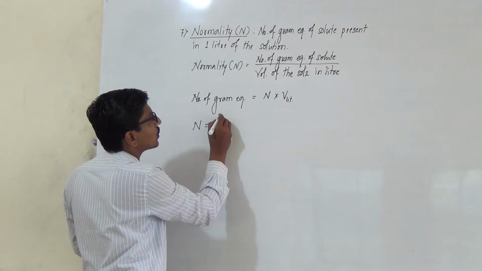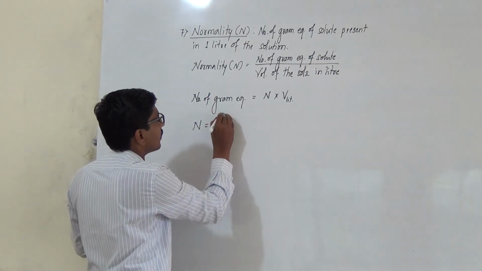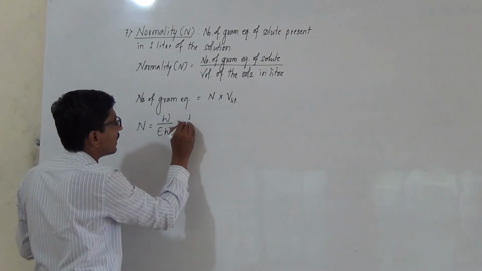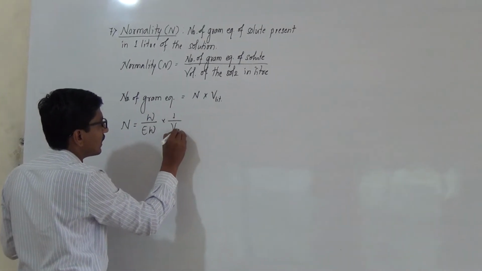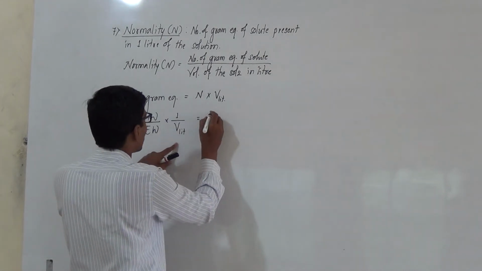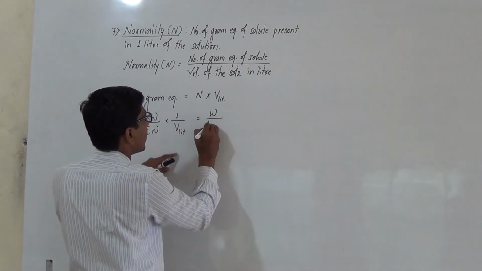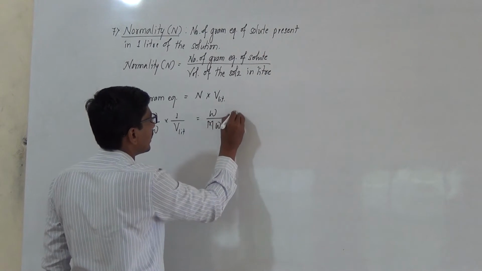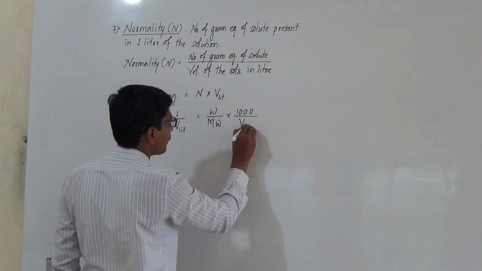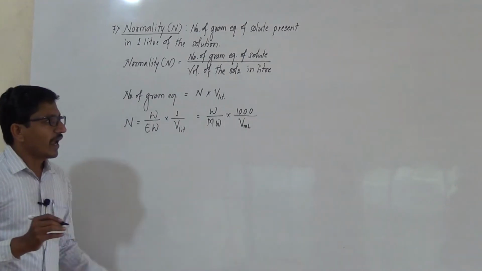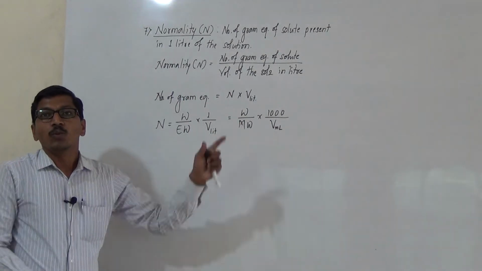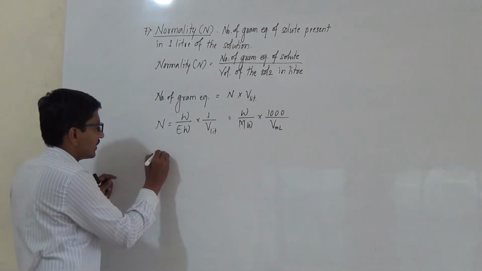Normality N is equal to W by EW into 1 divided by V liter, and liter is converted into ml. W by EW into 1000 divided by V ml, and in the same manner this is expressed in mass by volume percentage.